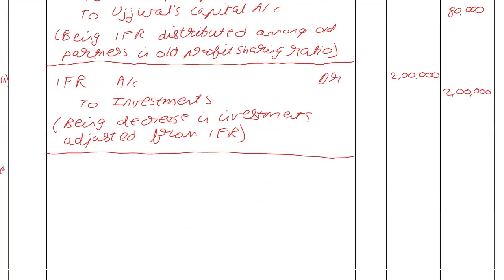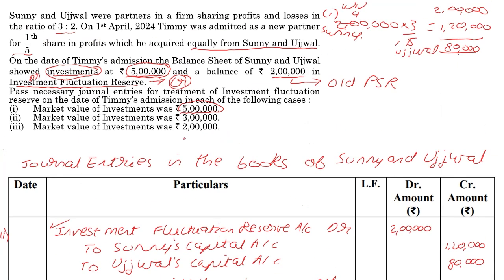Now we draw a line and we have situation 3. And in situation 3, you will notice that the investment became 2 lakhs. It was 5 lakhs, it became 2 lakhs, so it is reduced by 3. But how much of IFR do we have? Only 2. Okay, so your investments have reduced by 3.